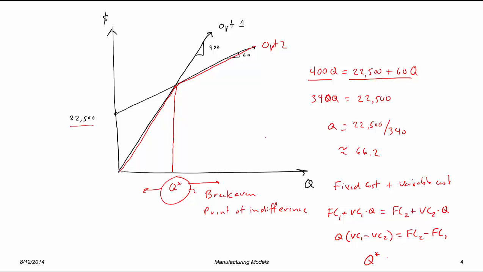And so Q star is simply equal to fixed cost for option 2 minus fixed cost for option 1 divided by variable cost for option 1 minus variable cost for option 2.